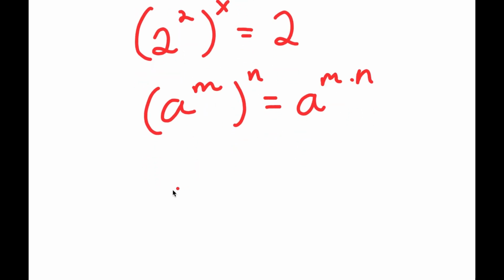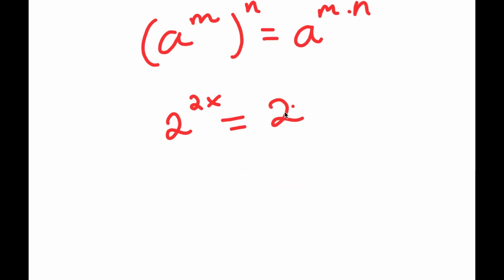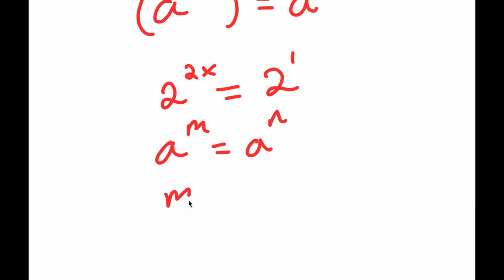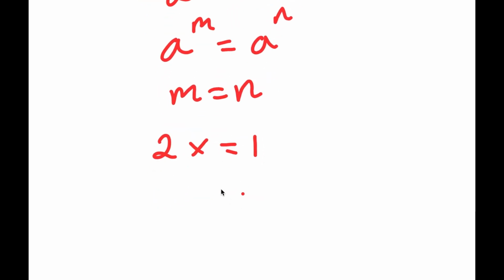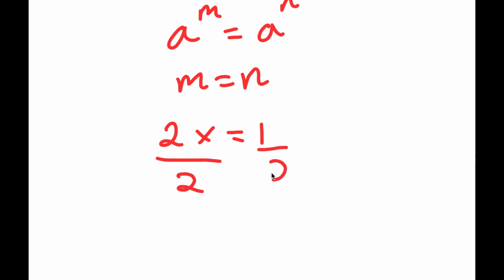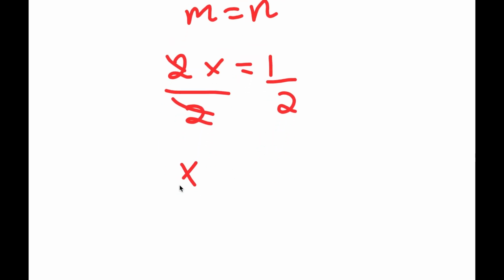So 2 to the power of 2x, that's going to equal 2 to the power of 2 times x, which is simply 2x, is equal to 2. And 2 is the same thing as 2 to the power of 1. Now, if I have something in the form a to the power of m is equal to a to the power of n, this means that m is equal to n. So I get 2x is equal to 1. Now, if I divide both sides by 2, I get x is equal to 1/2.